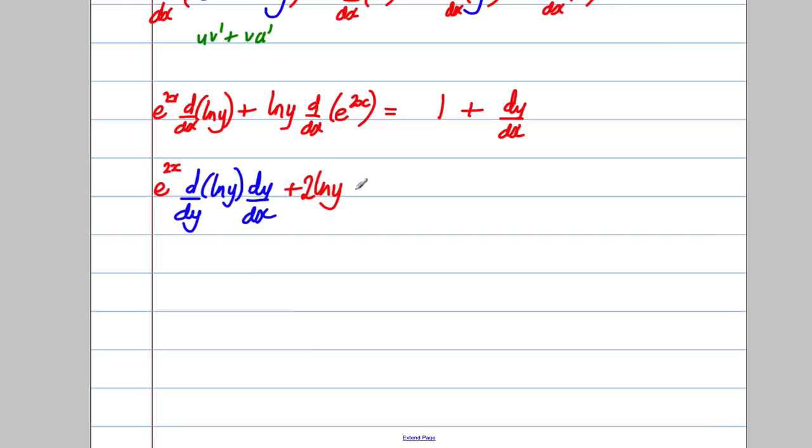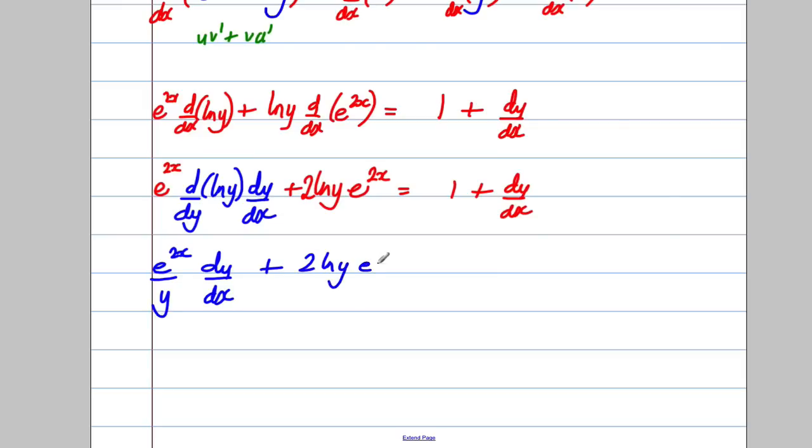So I'm going to put the 2 there and e to the 2x, and that's going to be equal to 1 plus dy by dx. Okay, so nearly there. So this is going to be e to the 2x. Differentiate ln y is 1 over y. So I'm going to say that's e to the 2x over y multiplied by dy by dx plus 2 ln y e to the 2x is equal to 1 plus dy by dx.